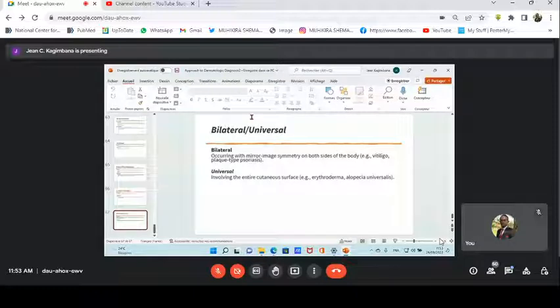Okay. So the question is how to differentiate photodermatitis for immunological condition and for non-immunological skin condition.